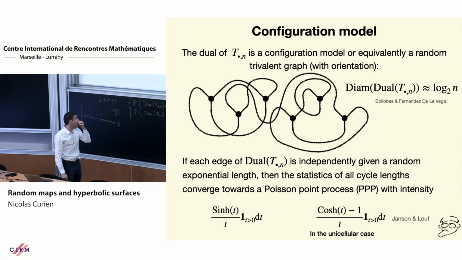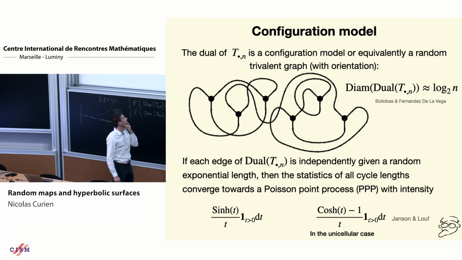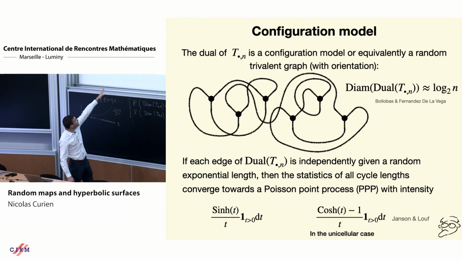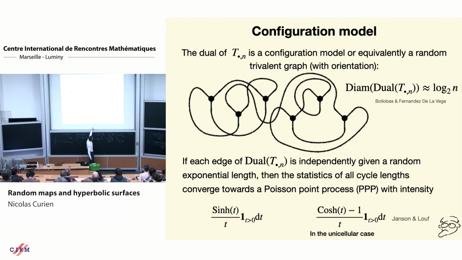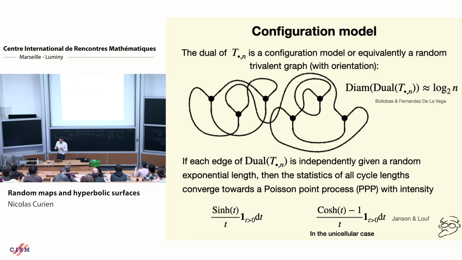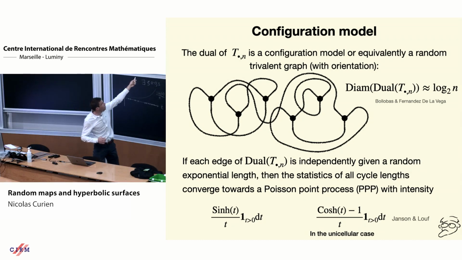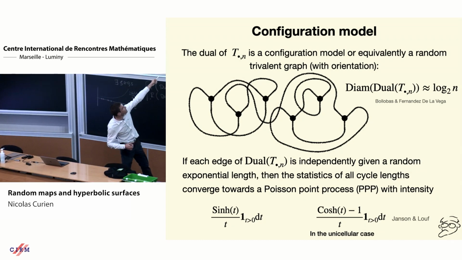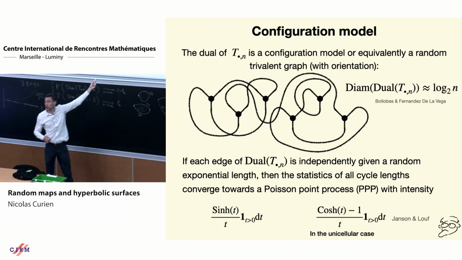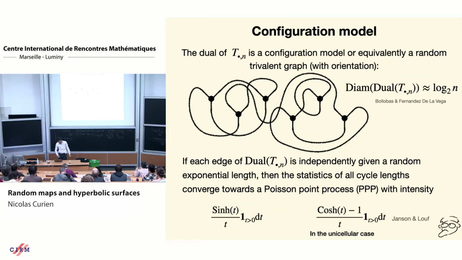And it has been observed very recently by Johnson and Louf, Dante Johnson and Baptiste Louf, that if you do the same thing, but you restrict also to the unicellular case, so to the case where after the gluing you've got one face, which is some event of probability roughly 1 over n, so it's something that puts some constraint on the graph, then you've got a statistics of cycle lengths which has this intensity now, cosh minus 1 over t.